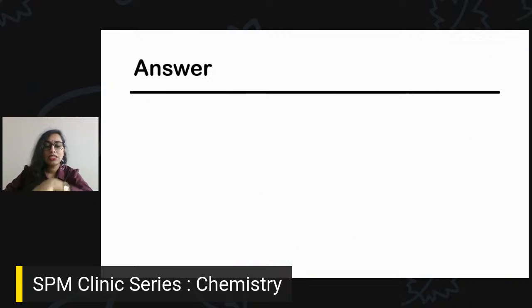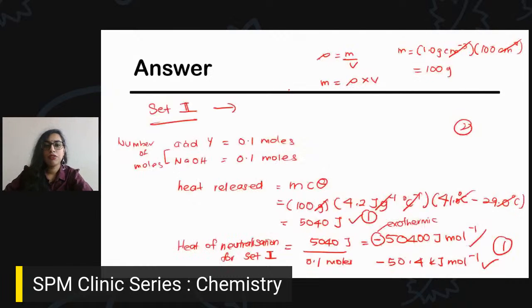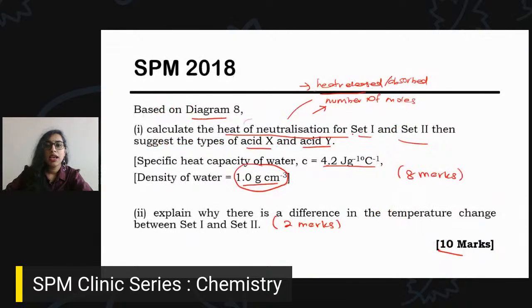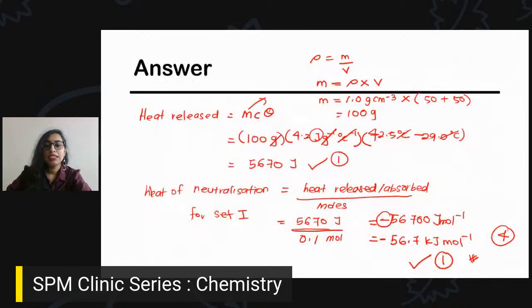Okay, so let's look into another part of it, in which after you calculate the heat of neutralization for set 1 and set 2, you have to suggest the type of acid X and the type of acid Y. What could it be? Let's look into the heat of neutralization.